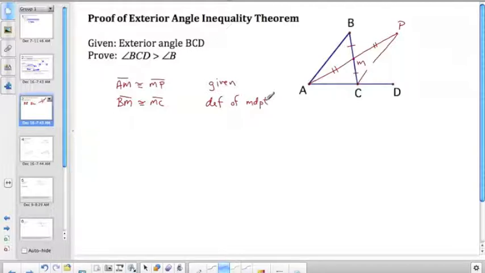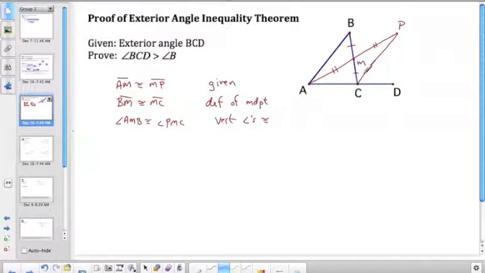And then we know that angle AMB is congruent to angle PMC because they are vertical angles. Just realized that it didn't connect. Okay. So that makes those two triangles congruent.